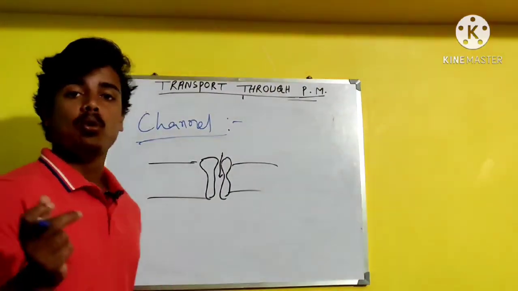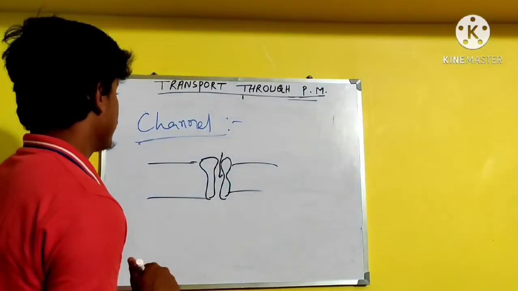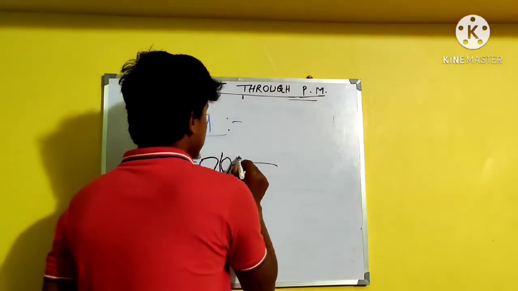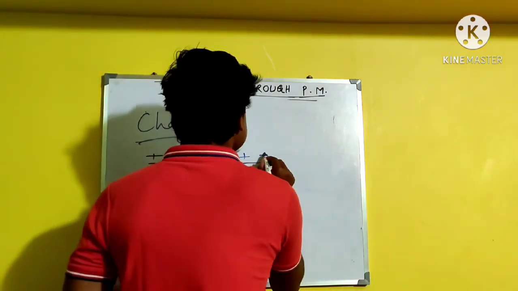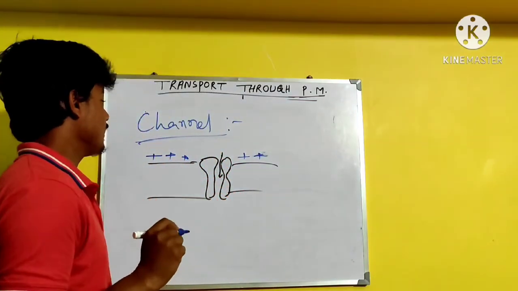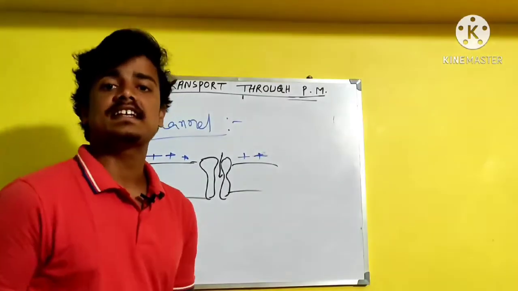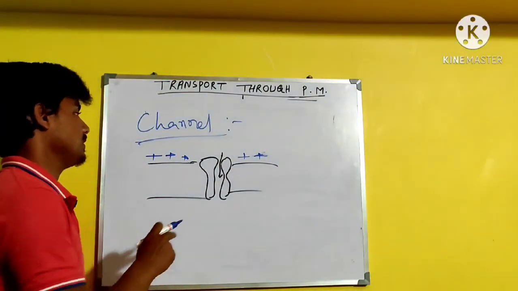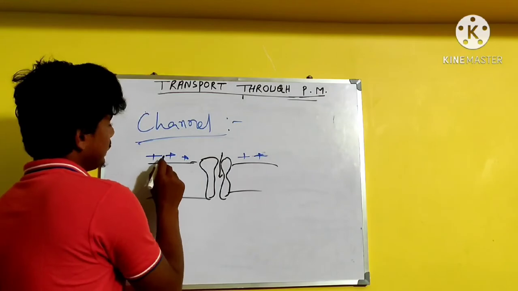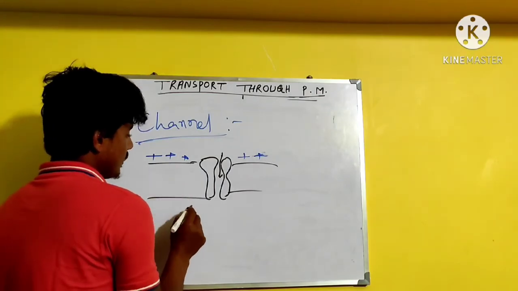In the case of the voltage-gated ion channel, what happens? Every cell has a different voltage gradient. This is found in Na plus and K plus channel proteins. Okay?